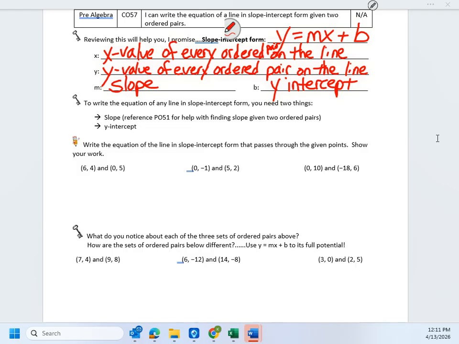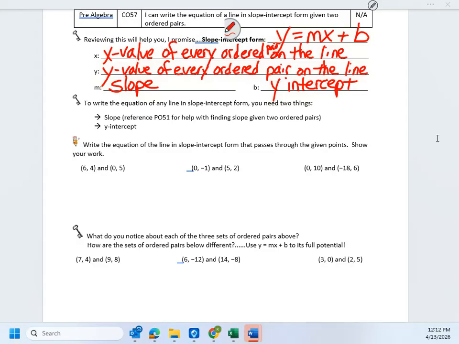So to write the equation of any line in slope-intercept form, you need two things. You need to know the slope, and you need to know the y-intercept. And remember, there are different ways that we find that slope. So if we look back to PO51, turn back to PO51 so you see what that objective looks like.